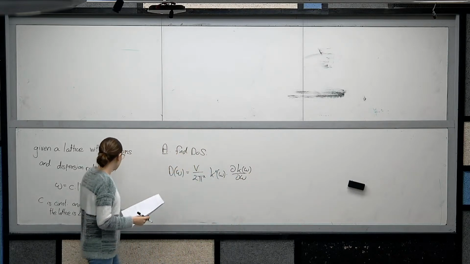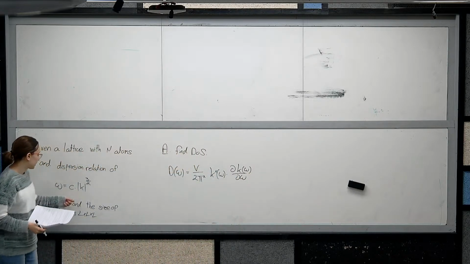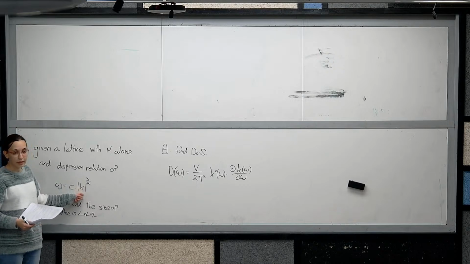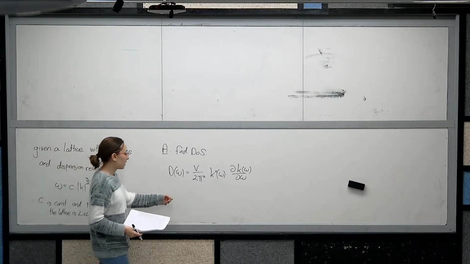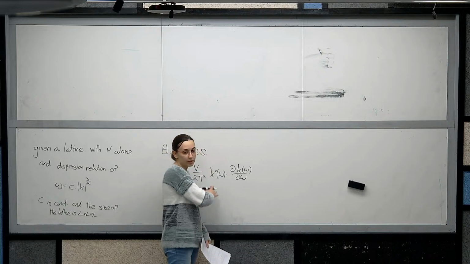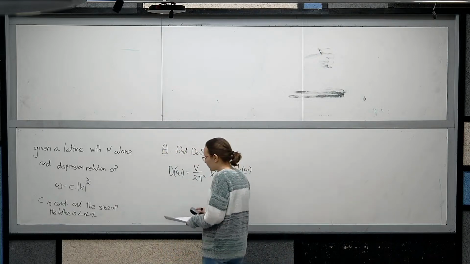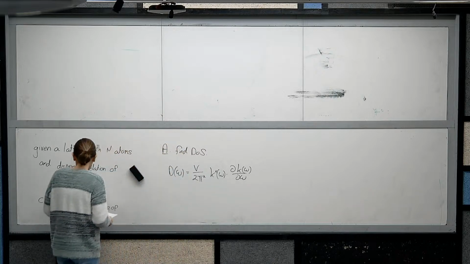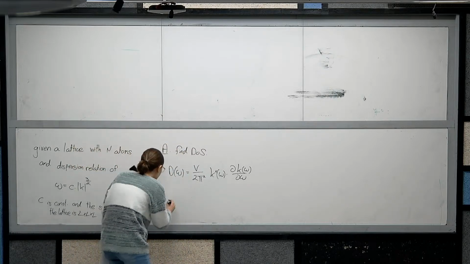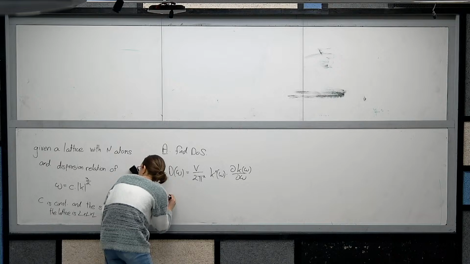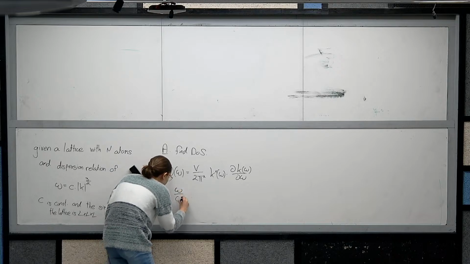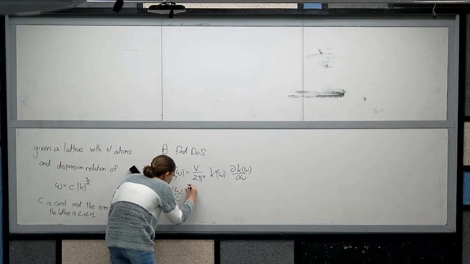All we have to do is extract k from here and insert it into this formula. So we can take k to be (omega divided by c) to the power of 2/3.